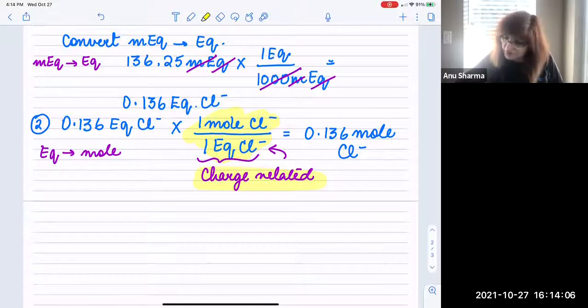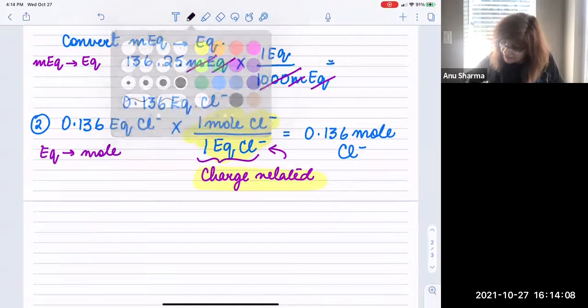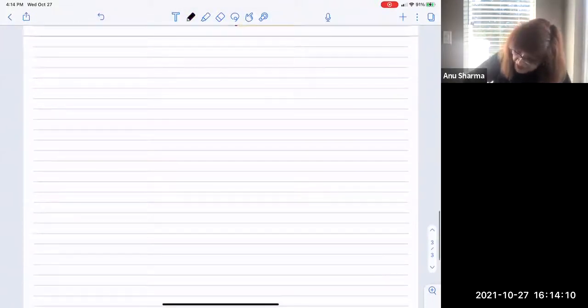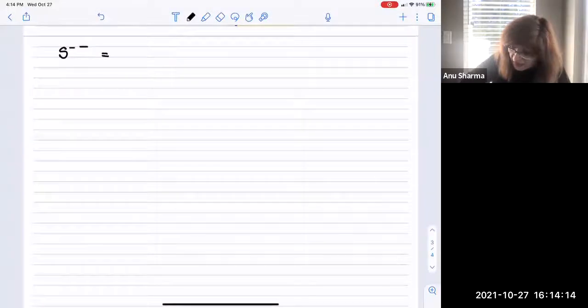So keep this in mind, let me write this down: if it is sulfide, then it would become -2. Sorry, the number of equivalents is 2. The charge is -2.